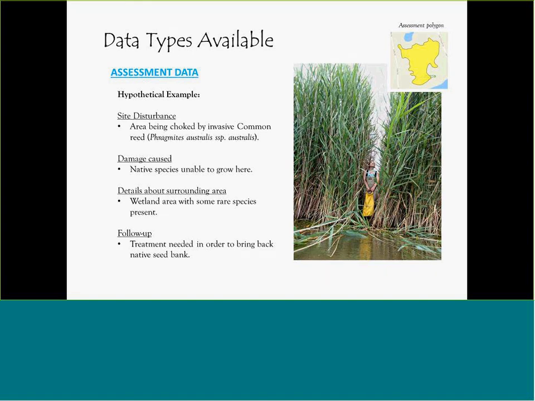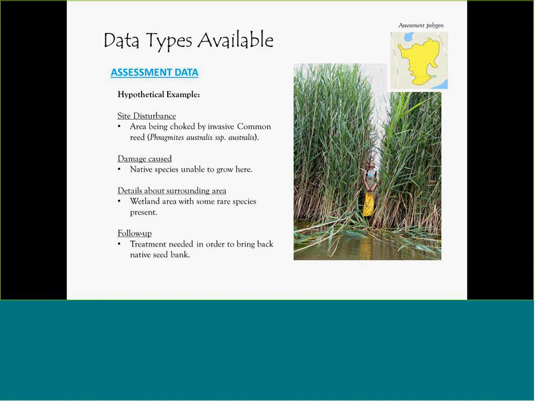So here you can see in the photo on this slide, the photo of what Phragmites can look like. It can be very tall, it forms a complete monoculture, and it doesn't allow anything else to grow there. So of course the native seed bank really can't do very much until this species gets wiped out.